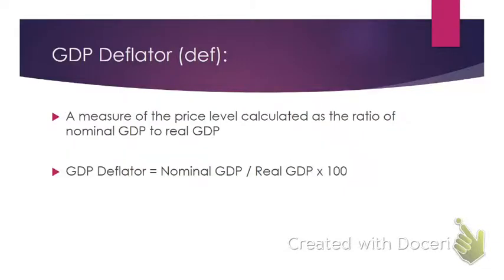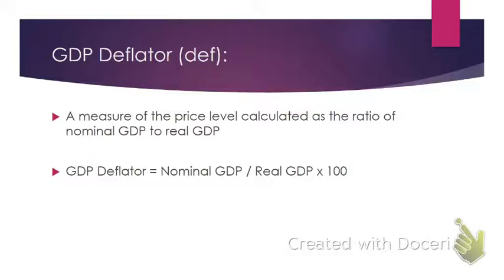All right, so GDP deflator. The GDP deflator is a measure of the price level calculated as the ratio of nominal GDP to real GDP.